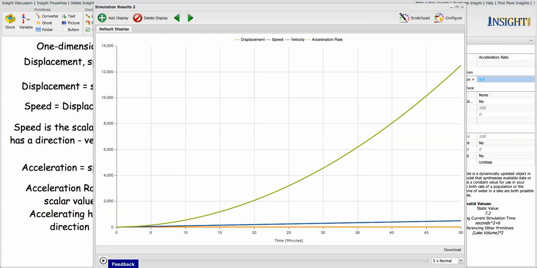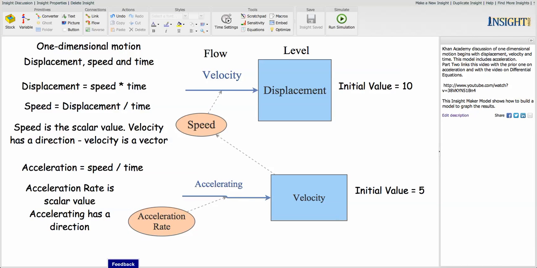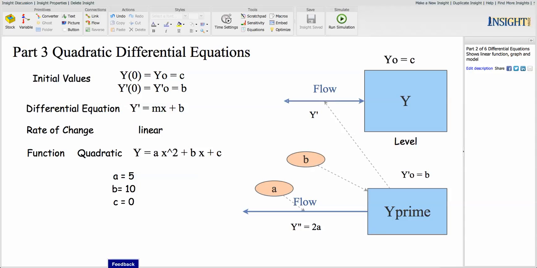So here we have a graph of the accelerating displacement increasing at an increasing rate. And you can see that this is a differential equation that Sal Khan has called physics, but he's included two stocks and two flows in a way that is the same as a quadratic differential equation, and you can put any number of values.